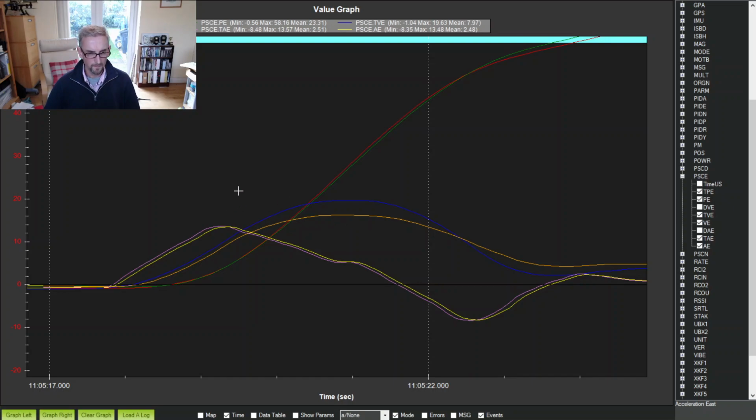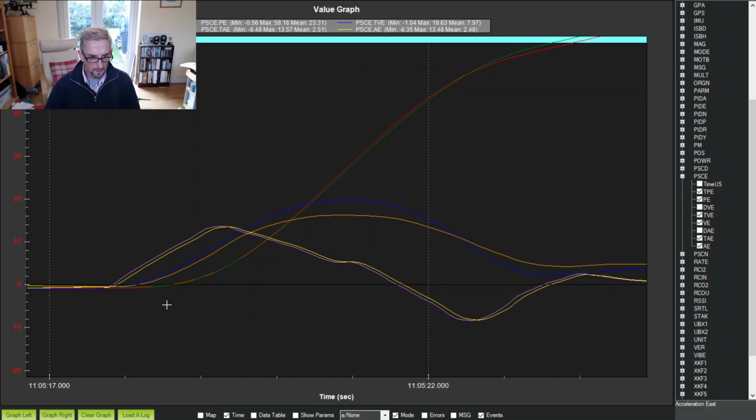levels off. And one thing to note here is that the jerk setting, which is the rate of change of acceleration, is this slope here. So my target acceleration gets all the way up to about 15 meters per second.